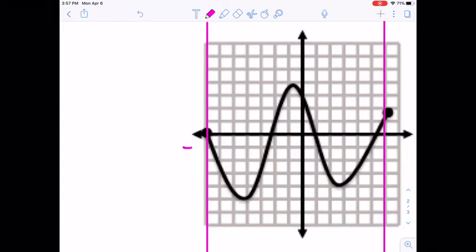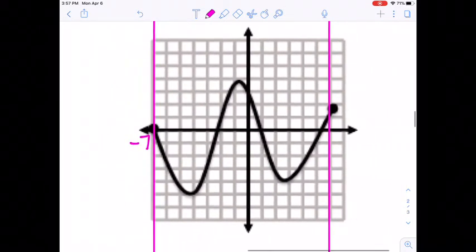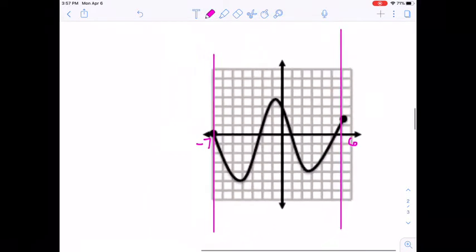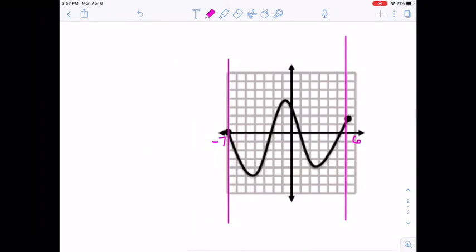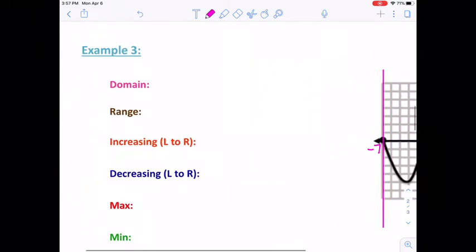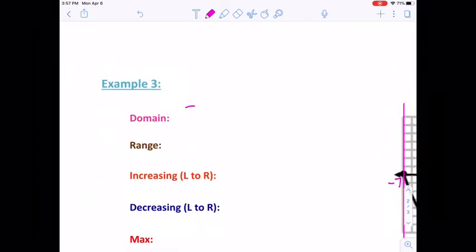I'm at -7 on the left, and I'm at 6 on the right. So on the x-axis, I go from -7 to +6. The graph is touching at both of those points, so I'm going to use the square brackets. -7, comma, +6. Interval notation.